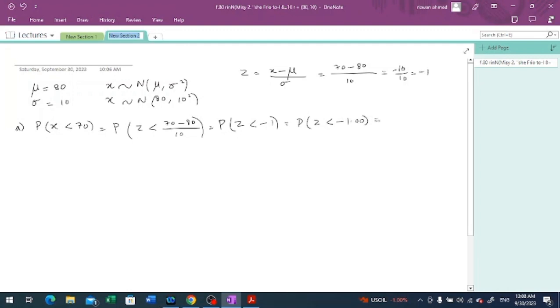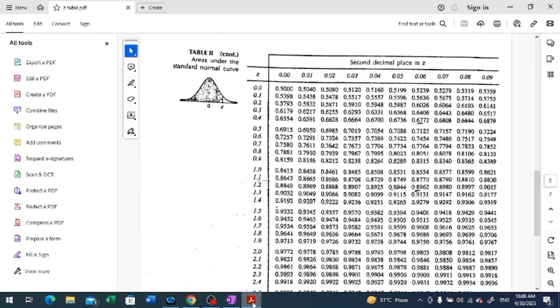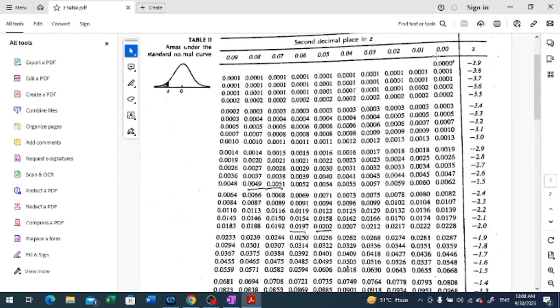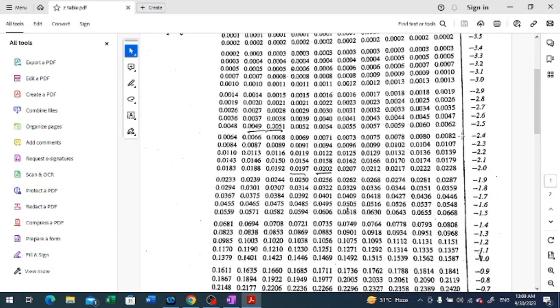So below -1 is in fact -1.00. Now what we do, we go to the table, we find the row of -1, that's over here. So -1.0, and the very first column has a header 0.00. So when we want to get the z value located, which is -1.00, then the probability across that z value is 0.1587.